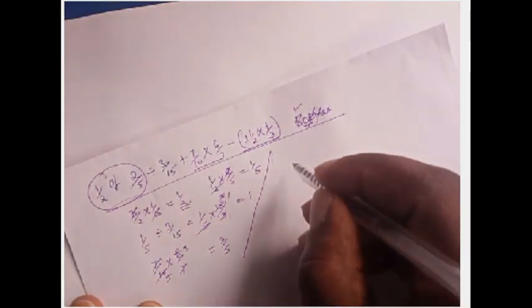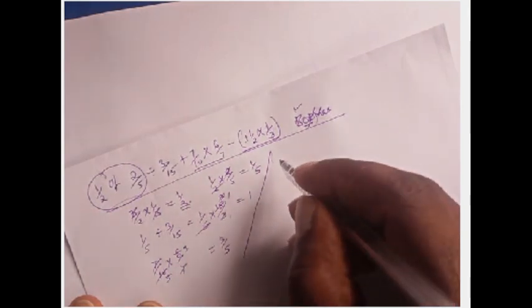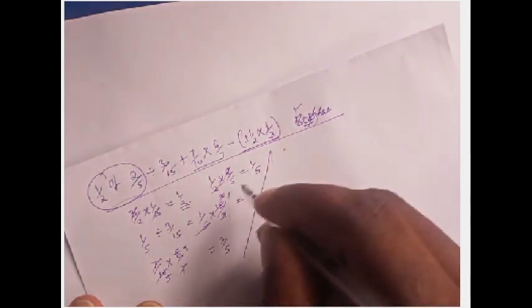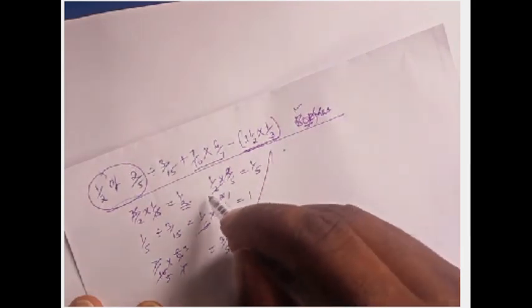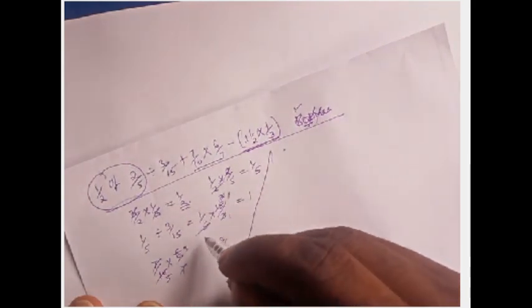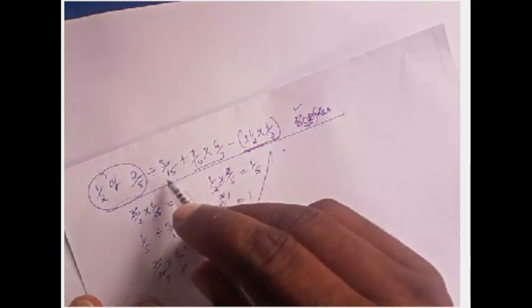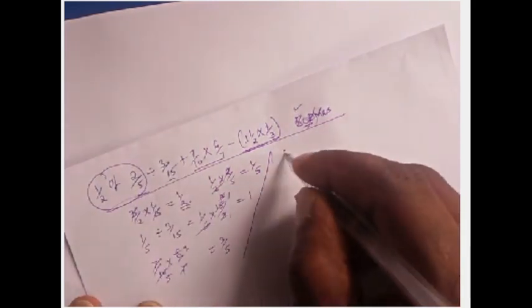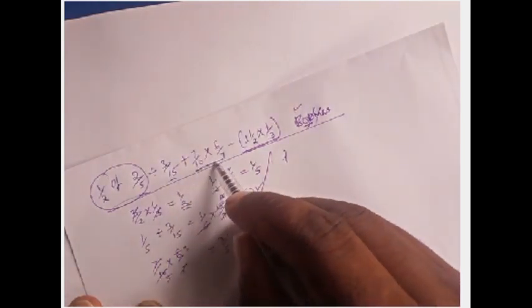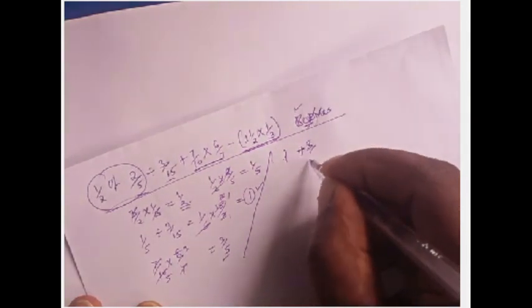Combining the two, after combining this and this one we had 1, followed by multiplying the 2, we have 3 plus 3 over 5.